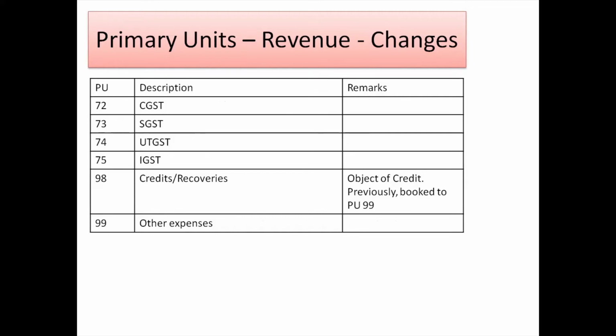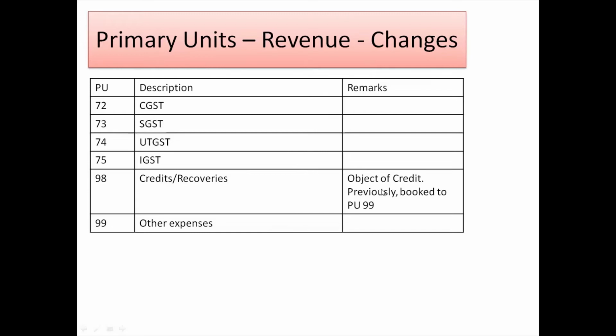Suppose dismantling of an old building, we have generated some scrap. So that is called recovery or credit. So this is PU 98, very, very important for MCQ.